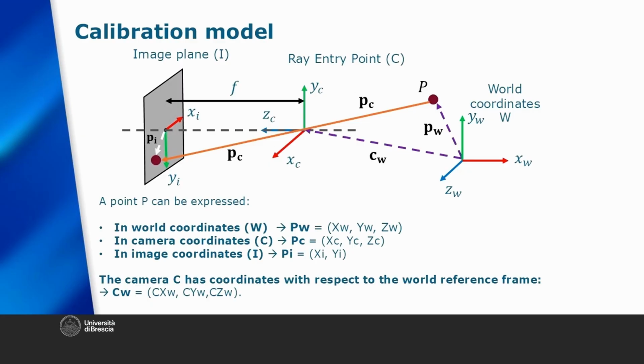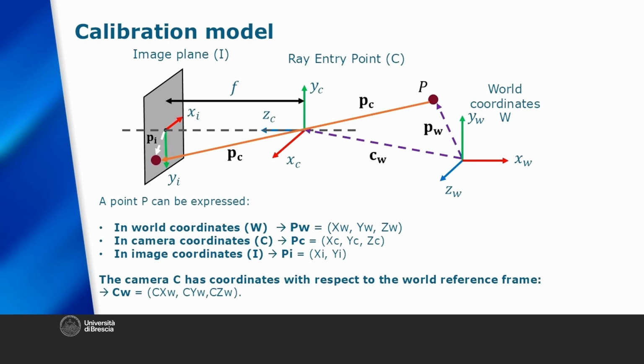Now let's add a point P somewhere in space. Point P can be expressed using any of these reference systems. In world coordinates, in this case P compared to W has coordinates xw, yw, zw. In camera coordinates, in this case P compared to C has coordinates xc, yc, zc.